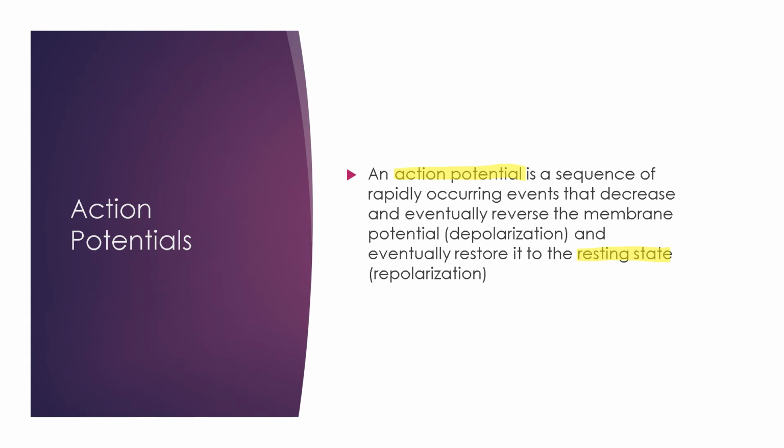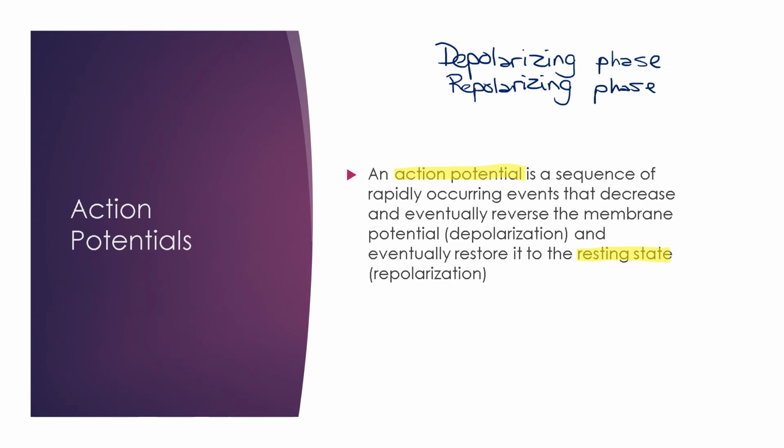Now the action potential has two main phases. There's going to be a depolarizing phase, and a repolarizing phase. So these are the two main phases. There's a couple other smaller phases which we will discuss yet.